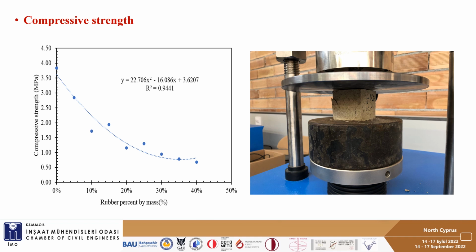Also, the rubber is an inert material and does not react with water, which increases the amount of available free water in the mix. Also, rubber particles are more compressible in comparison with the sand particles. This should be studied more and more to find the acceptable compressive strength that the mixture can provide.